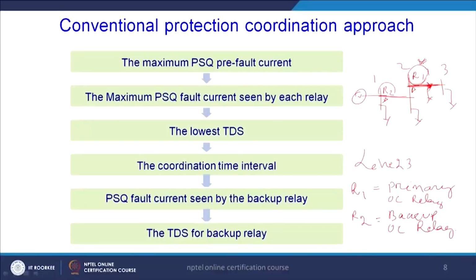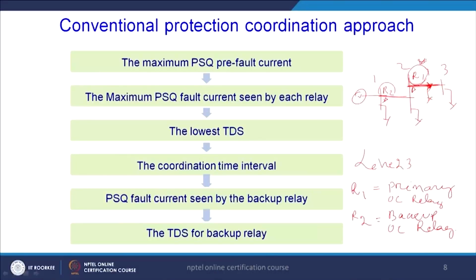Depending on their plug setting and TMS, this relay will find some fault current IF, and based on the IDMT characteristic equation, it will calculate the time of operation required to trip the relay. Now, if this particular relay R1 fails, then only R2, which is the backup relay, will operate.